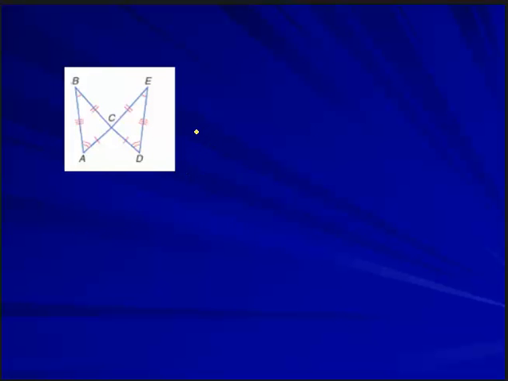Okay, let's think of all the different ways that we can say that these 2 triangles are congruent. And then we're going to write our congruency statement, remembering how to match the corresponding parts. So the first thing I see right off the bat is that I have all 3 sides that are marked. Are they corresponding? These 2 are corresponding.